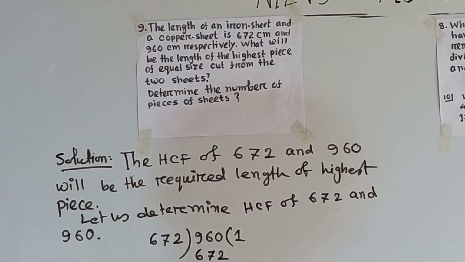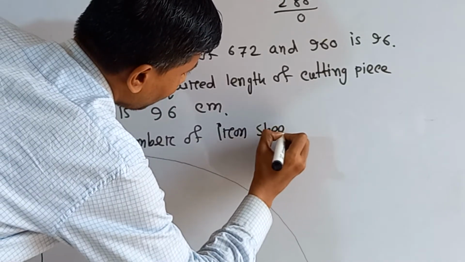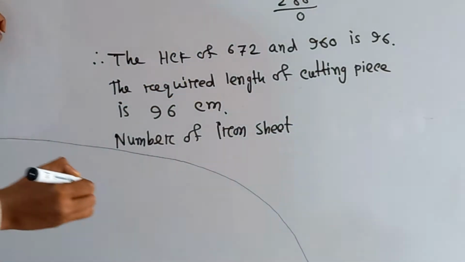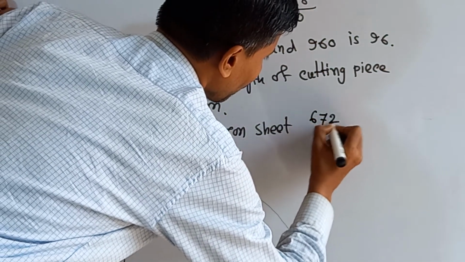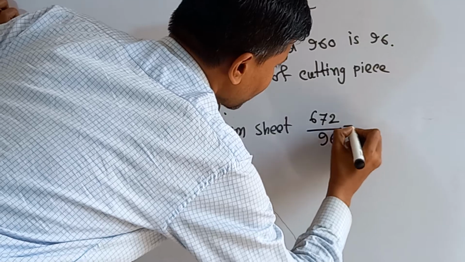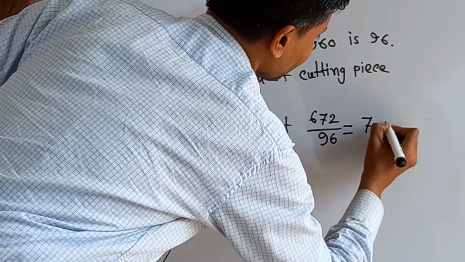Number of iron sheets: 672 divided by 96, you get 7.